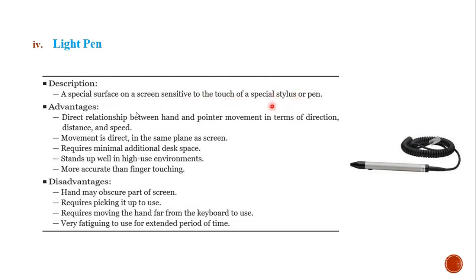You can use this kind of stylus or a pen. Advantage is a direct relationship between the hand and pointer movement in terms of direction, distance and speed. There will be a direct relationship because your light pen will be directly placed on the screen itself.